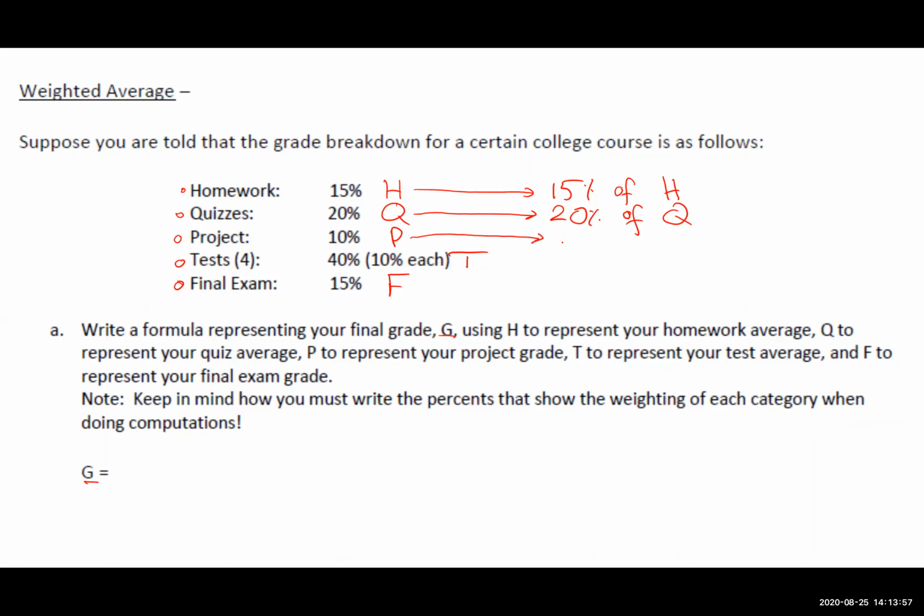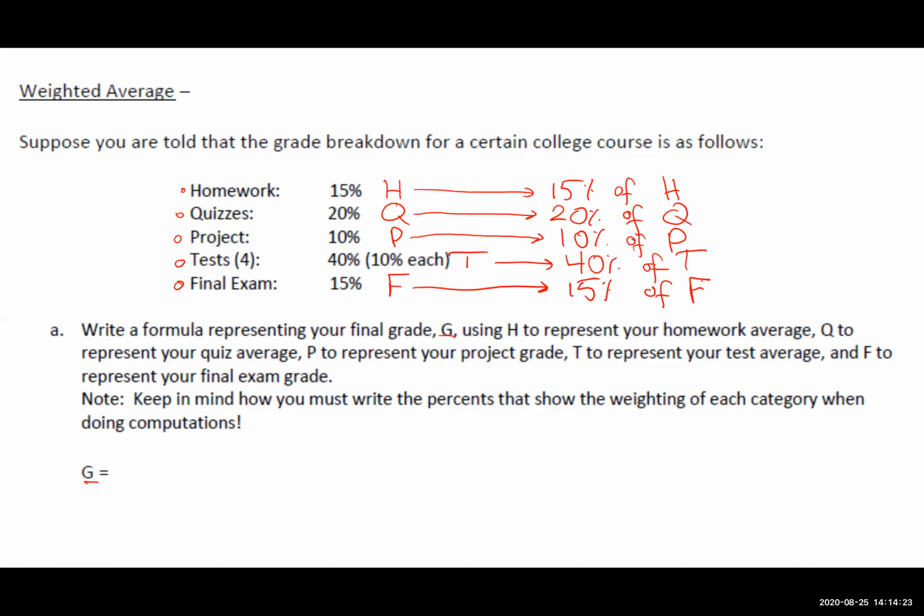For our project, we want 10% of that grade. For our tests, we want 40% of that grade, because all of these grades are out of 100, remember. And then for our final exam, we really only want 15% of that.